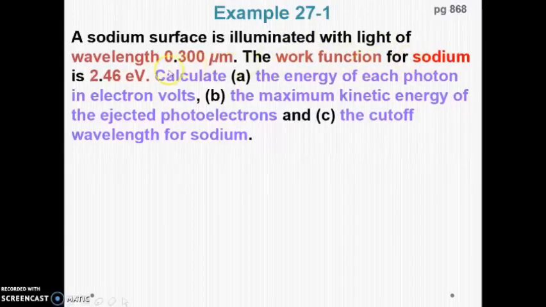Now we want to calculate A, the energy of each photon in electron volts. B, the maximum kinetic energy of the ejected photoelectrons. And the last one, C, the cutoff wavelength for sodium.